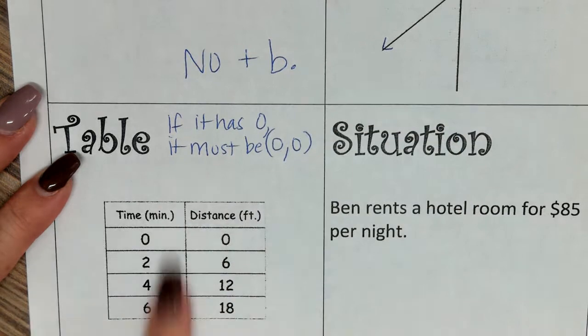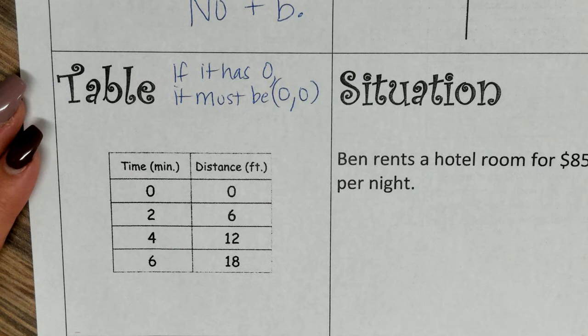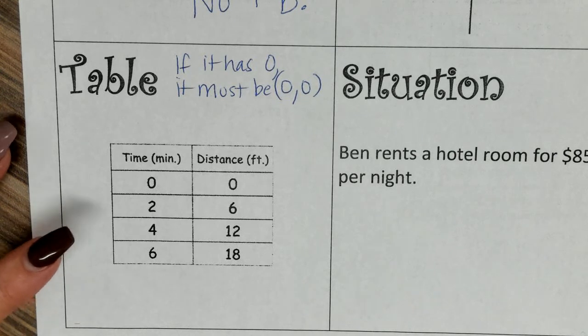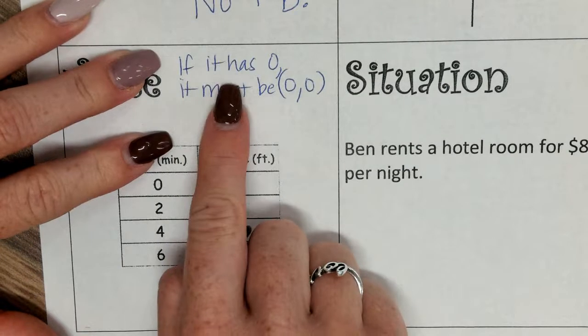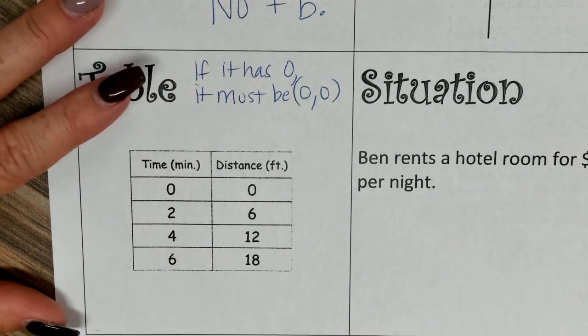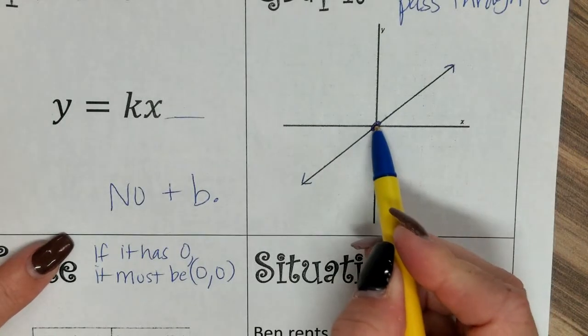It doesn't matter where it is in the table, as long as it's 0, 0. What if there's only 1 0? If there's only 1 0, it's not proportional. Now, if this was missing, it could still be proportional. It doesn't have to show 0, but if it does, it must be 0, because that means it passes through 0.